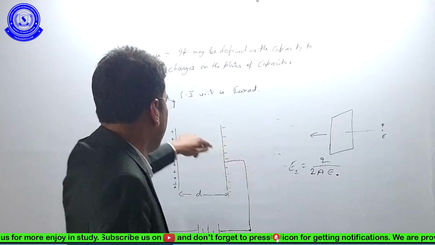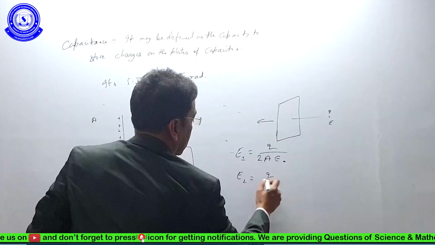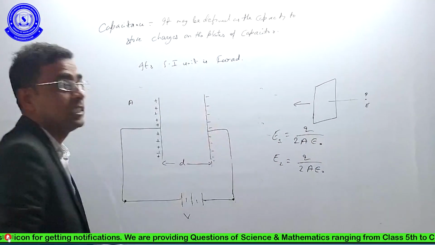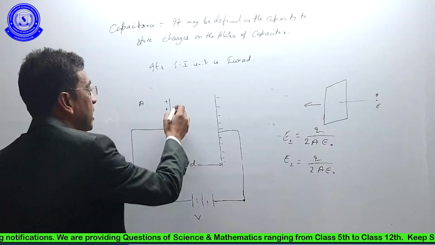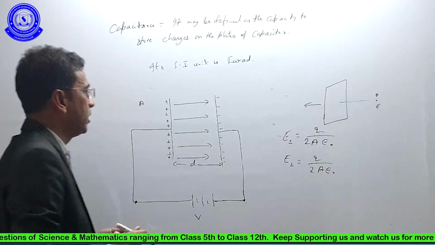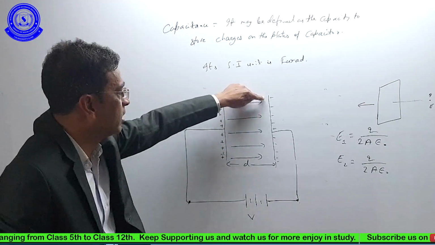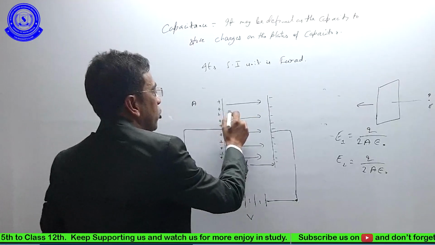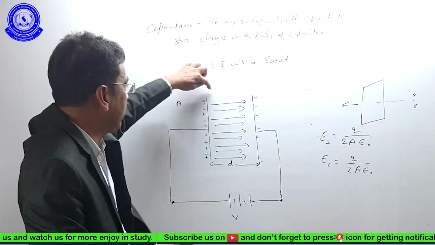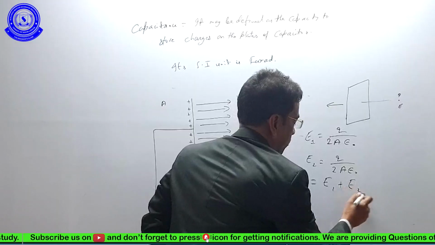So the electric field for this plate will also be Q by 2 epsilon naught, because the charges on the plates are the same in magnitude, and their direction is also the same. These electric field lines are in the same direction, so the total electric field in this region will be E1 plus E2.